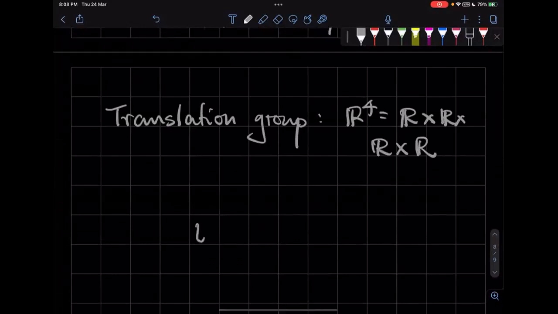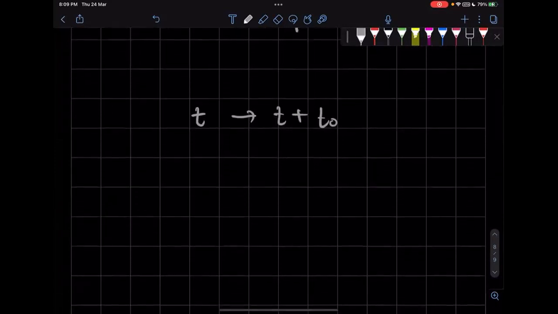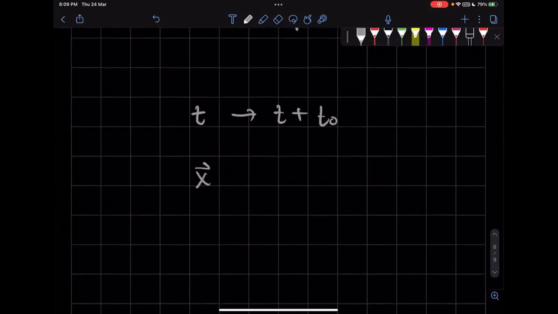So is it like an element of R1,3 is being added with an element of R4, and then we get the new translated coordinates? Yeah, so T goes to T plus, say, T0, and say X goes to X plus X0. So if a point is at 2,2 and we add 2 on X, we get 4,2.